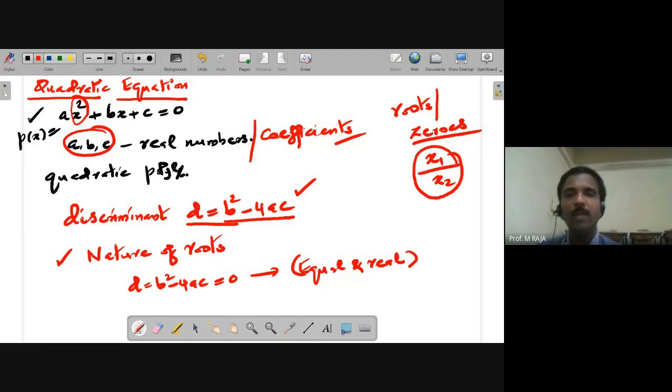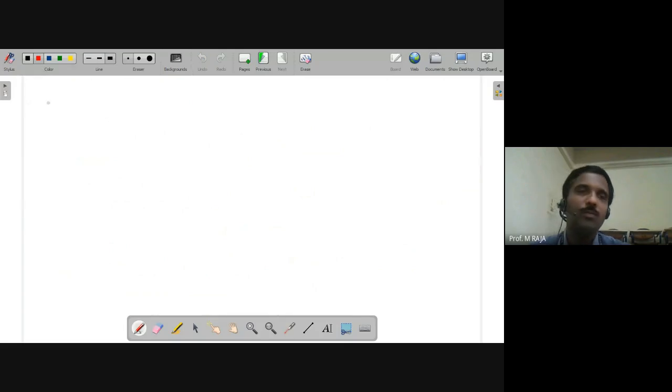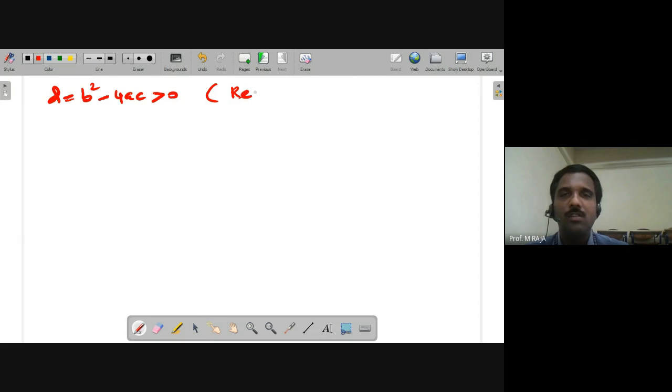When d, which is b square minus 4ac, is 0, we have real and equal roots. When d is greater than 0, the roots are real, and what is their nature?